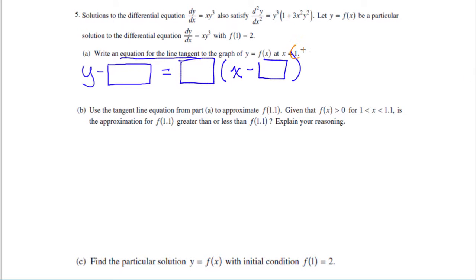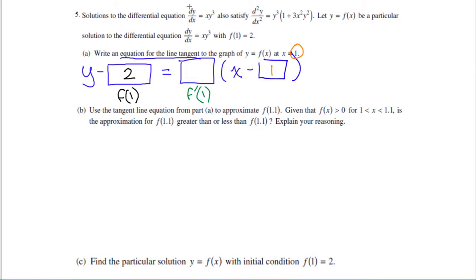It says x is 1, therefore x is 1. Equation for the line tangent, that means I'm doing f prime of 1 here, f prime of 1 here, and I'll do it in black here, f of 1 here. F of 1 is 2, it tells us right here. So I can just put 2 here.